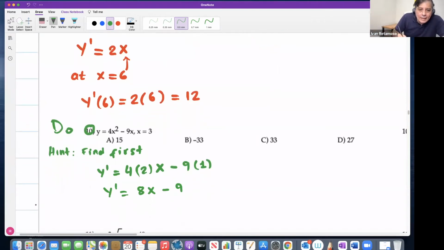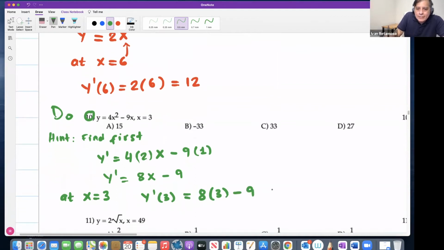Now, at x equals 3, my derivative evaluated at 3 should be 8 times 3 minus 9. But what is 8 times 3 minus 9? 8 times 3 is 24, minus 9. That is just 15, right?